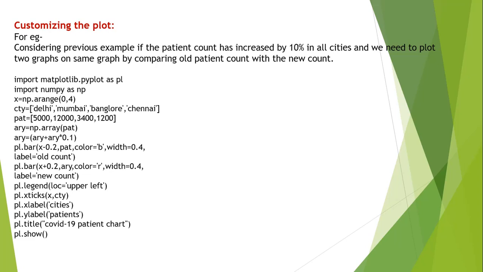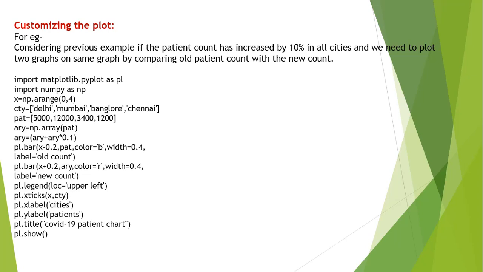CTY is equals to Delhi, Mumbai, Bangalore and Chennai. PAT is the same as the old one, and ARY is equals to np.array(PAT). What we have done is we have converted this patient list in the form of an array by using the array function np.array, passing PAT inside it. And now ARY is equals to ARY plus ARY into 0.1.